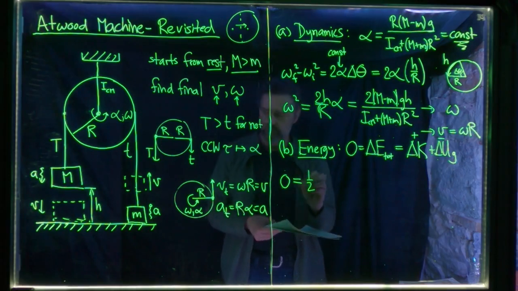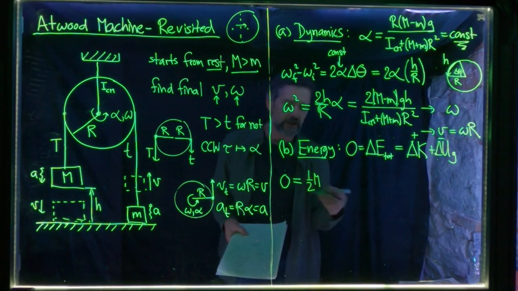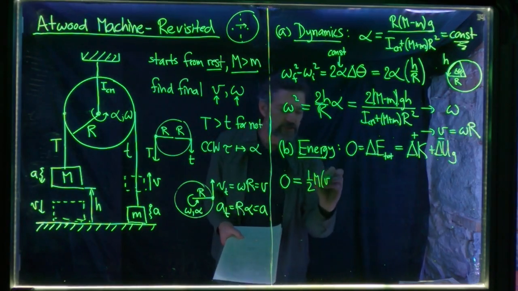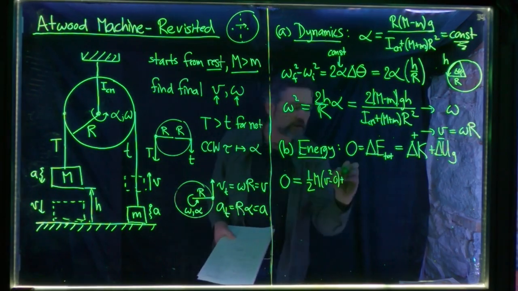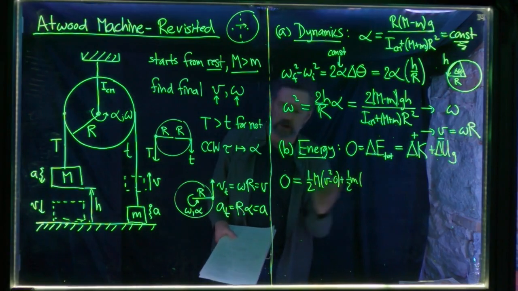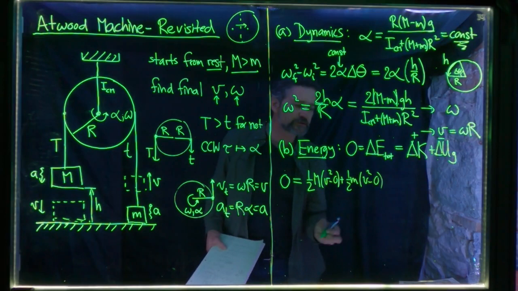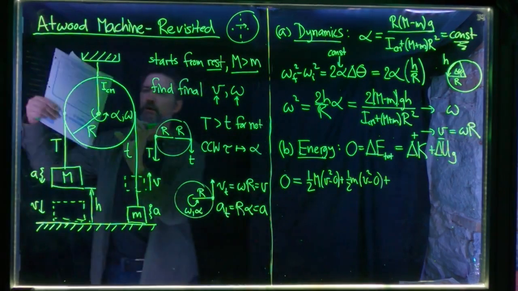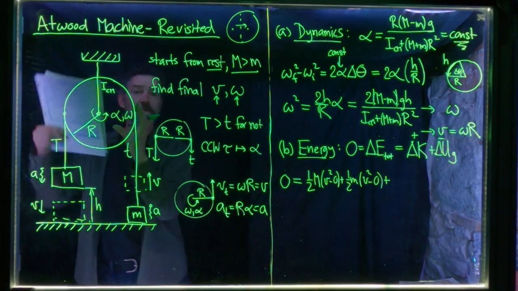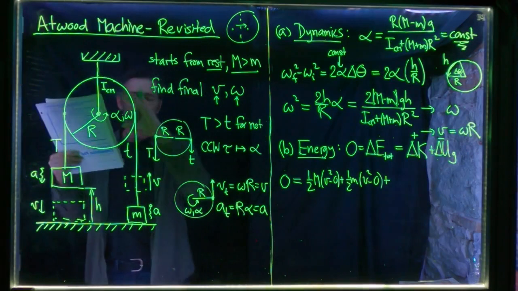In terms of block big M, the change in its kinetic energy is 1/2 M times its final speed squared minus 0, since it starts at rest, plus the change in the kinetic energy of little m, which is 1/2 little m times its final upward speed squared minus the initial, which is 0, plus the change in the kinetic energy of this pulley, which is storing kinetic energy in the rotation of that mass.